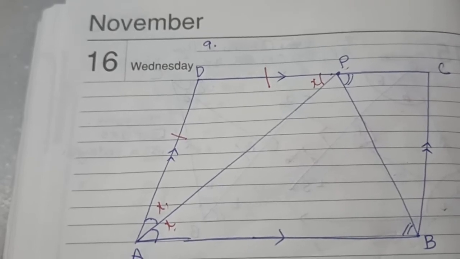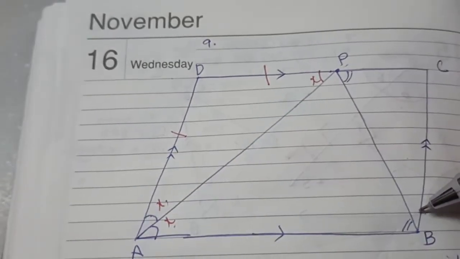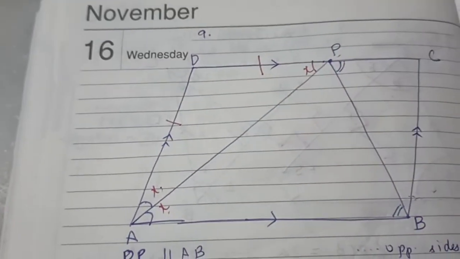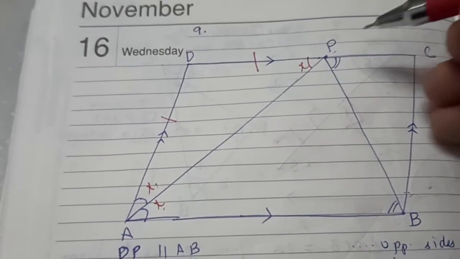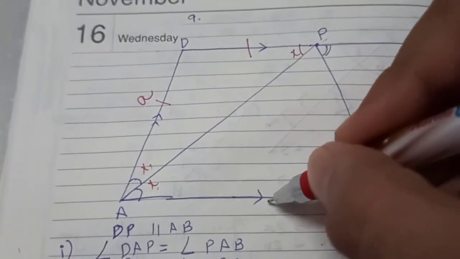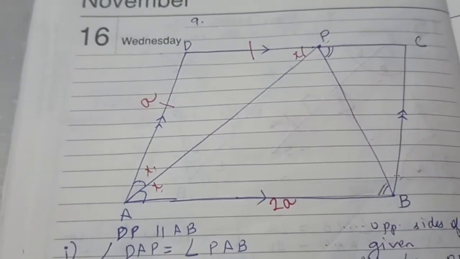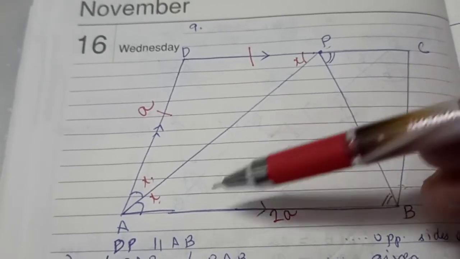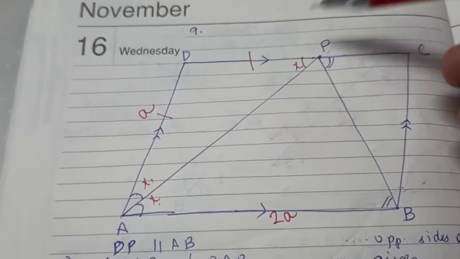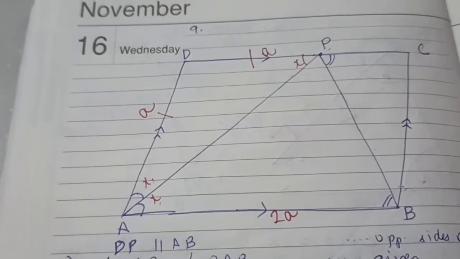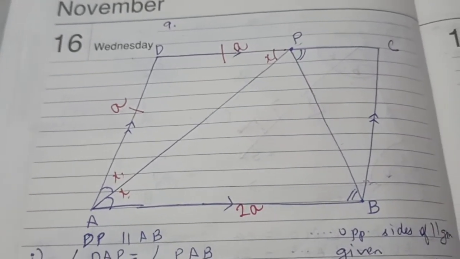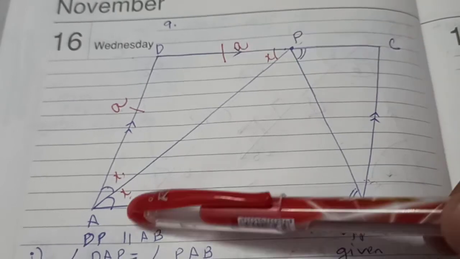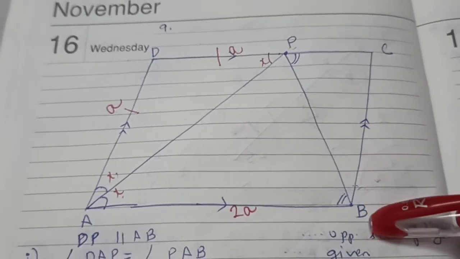Now we know that AB is twice of AD. That means if AD was, let's say, A, then AB would be twice of A, as per the question given. But AD is equal to DP, so DP is also, let's say, A. Now DA is equal to CB.